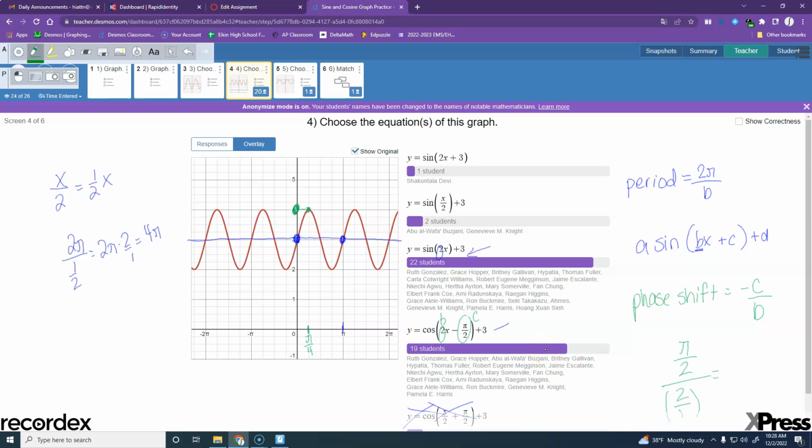Dividing fractions is easy as pi: flip the second, multiply. Pi over 2 times 1 over 2 is pi over 4. Since we have a minus right here, it moves it to the right, so this one is also correct. So you should have sine of 2x plus 3. You should also have cosine of 2x minus pi over 2 plus 3.